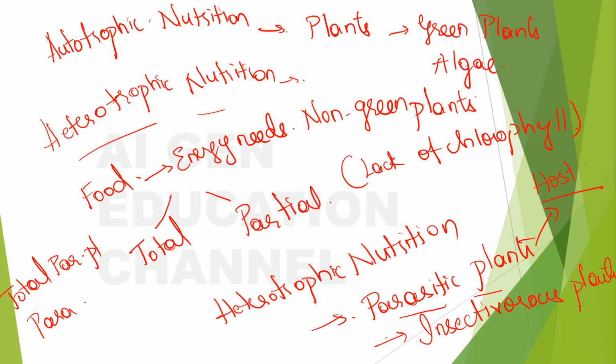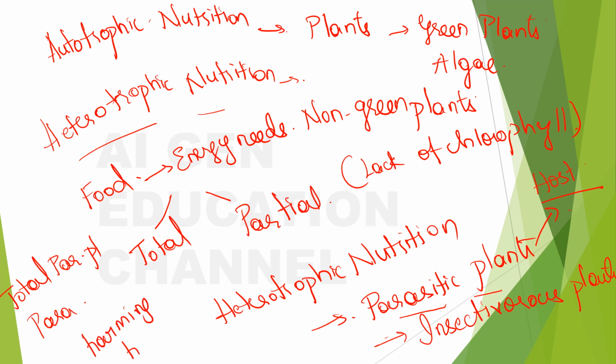Parasites in normal language too, if we are not speaking about plants, are organisms that depend on other organisms, and parasites or parasitic plants have this character of harming the host.